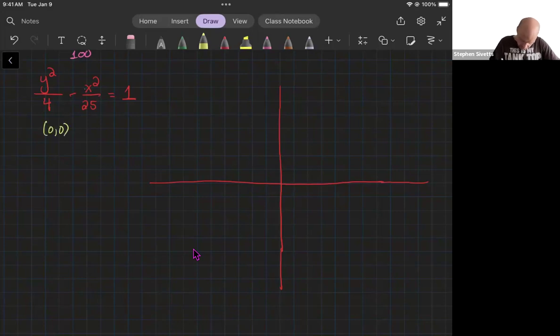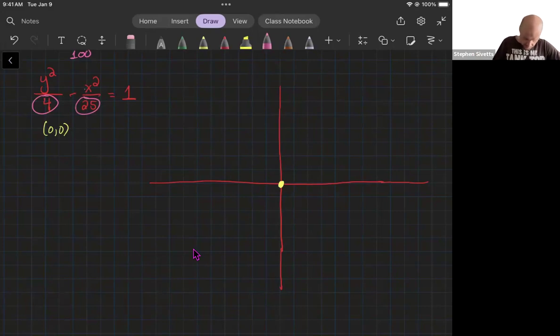Okay, so we want to start off here, and then we want to label the length and the width of this box. To determine the length and the width of this box, we use these bottom numbers here.